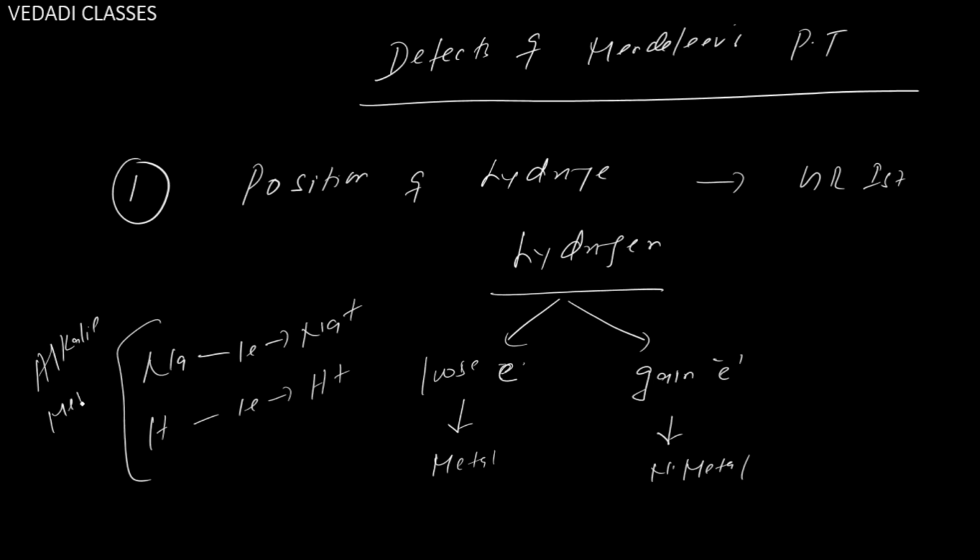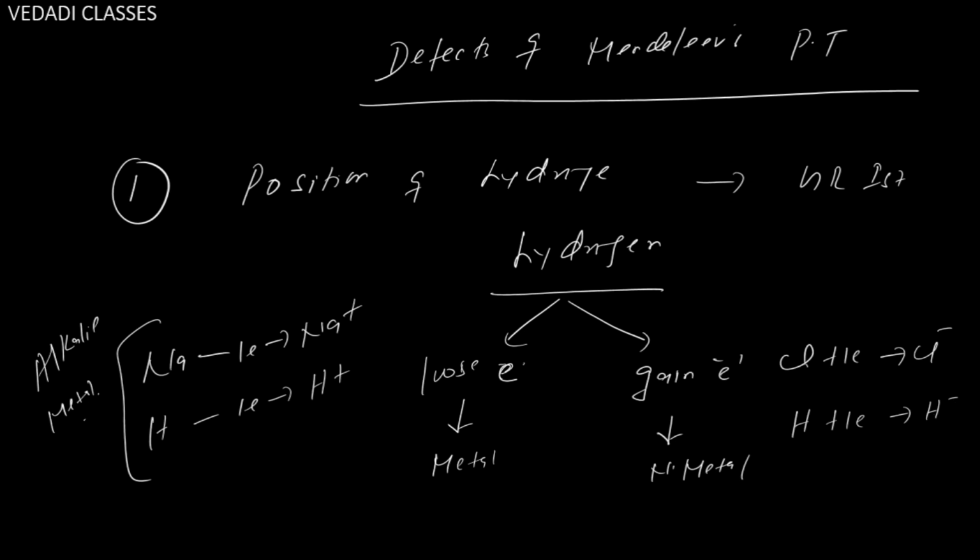At the same time, hydrogen has the characteristics of a non-metal. Have a look here: chlorine gains one electron to become Cl minus, and in a similar manner, hydrogen also gains one electron to become H minus, the hydride ion. Chlorine is a non-metal, a halogen, so it forms chloride ions. Similarly, hydrogen forms the hydride ion.